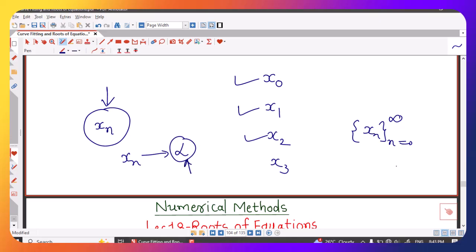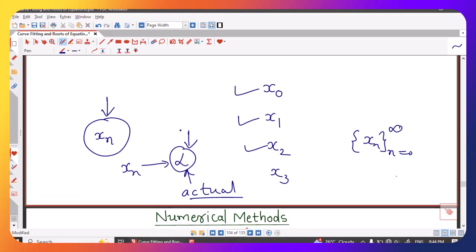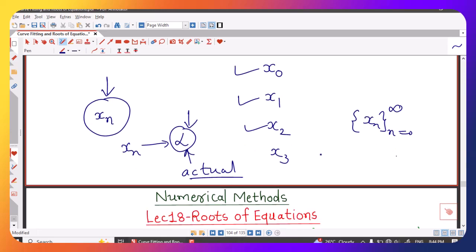Suppose alpha is the exact root of a nonlinear equation. We are interested in the speed of convergence, or in each iteration, what will be the behavior of error.